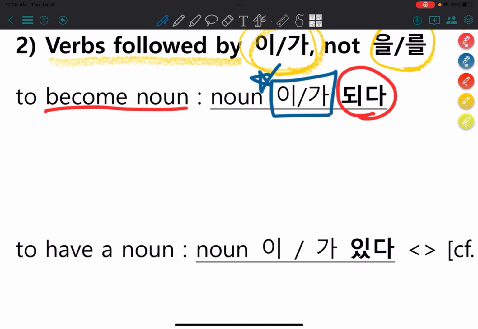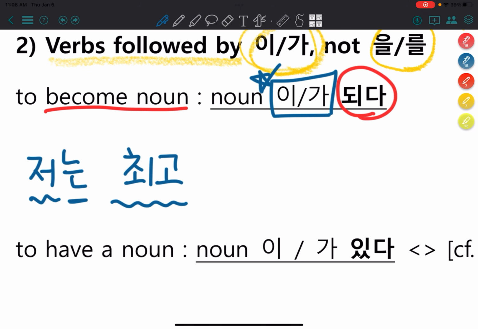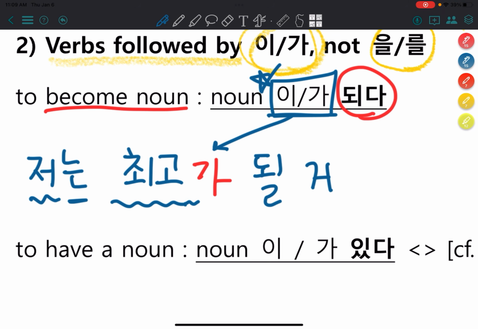If you want to say, I will become the best, you can mark it with subject marker. 저는 become the best. The best is 최고. Since this is what you will become, you can mark it with 이 or 가. Since 최고 does not end in 받침, you can mark it with 가. 저는 최고가 될 거예요. I will become.